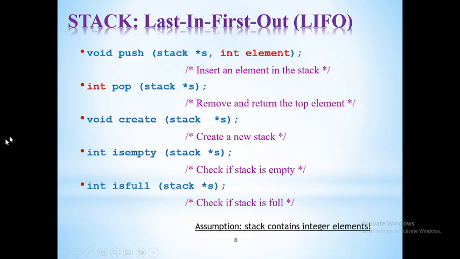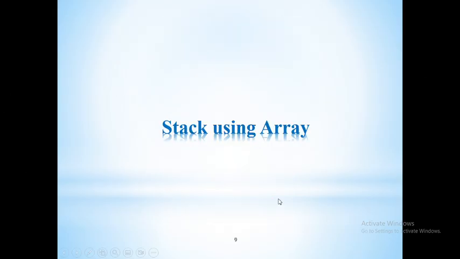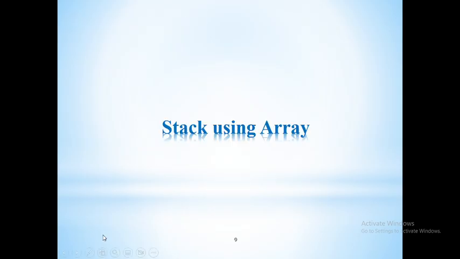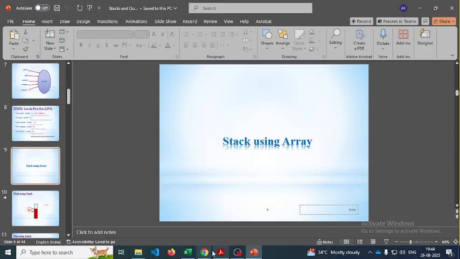If it is full, then it won't allow. For checking whether the stack is empty or full, you can use the functions isEmpty and isFull. So now come to stack using array data structure. How can you implement this one?